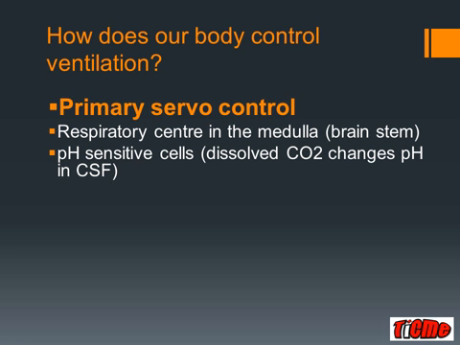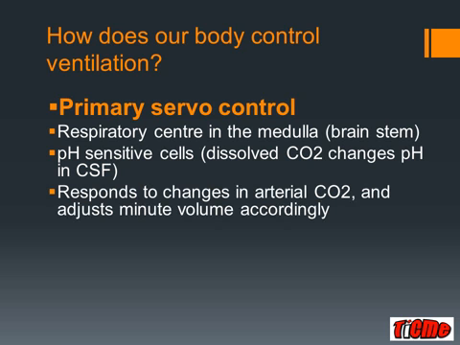There are pH-sensitive cells which sense changes in the pH in the CSF through dissolved carbon dioxide. Do you remember your equation? Carbon dioxide plus H2O gives H2CO3, which dissociates into H+, which is an acid, and HCO3-, or bicarbonate.